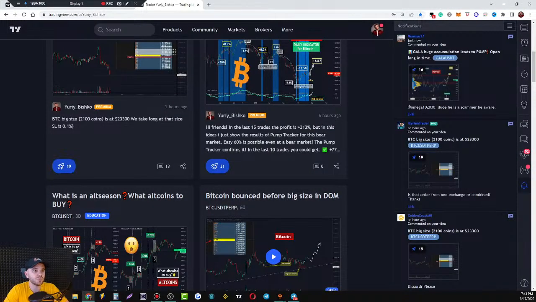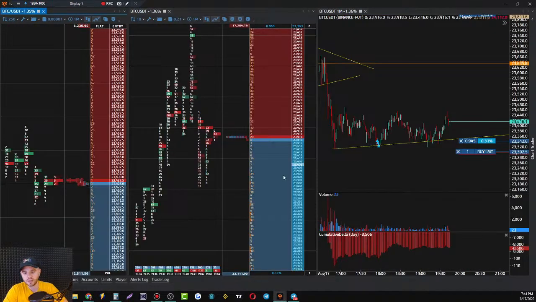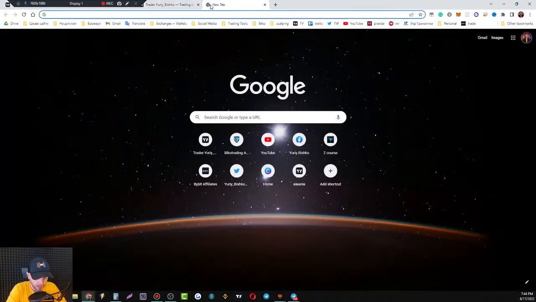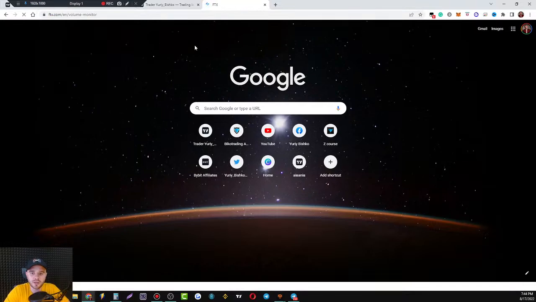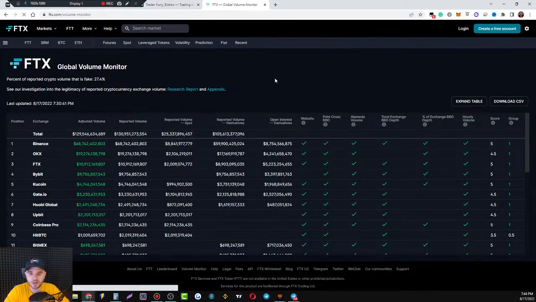Let's do. Some of you ask me, is this futures volume from only one exchange or all together? My friend, it is only from one exchange. It is from Binance exchange. And why do we use only Binance? Because you can open this website by FTX exchange, and you can see Binance share, Binance spot.